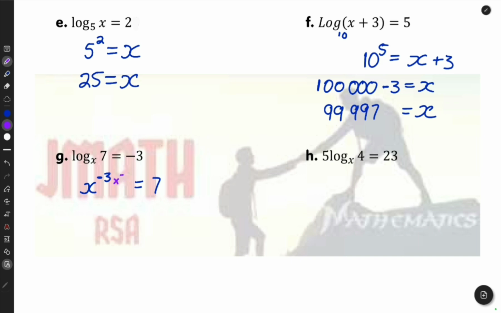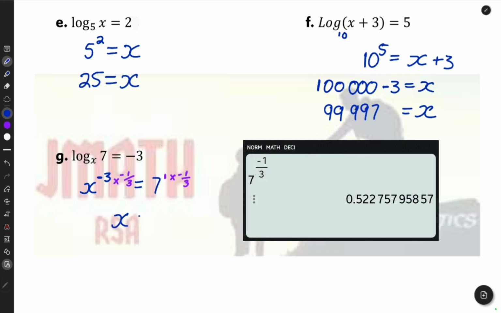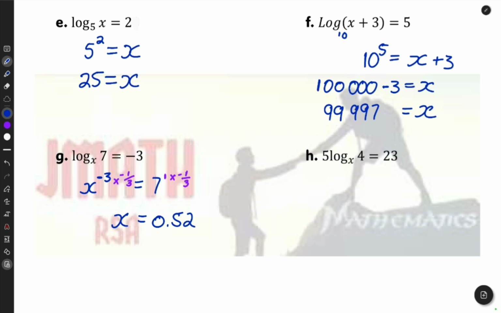So I'm going to multiply this by minus 1 over 3. But if I put something extra into an equation, I need to do it to the other side as well. So that was 7 to the power 1. I'm going to multiply that by negative a third. And my calculator tells me the answer will then be 0.52. So just trust your calculator with that. It's not something you can just do in your head. Too complicated.